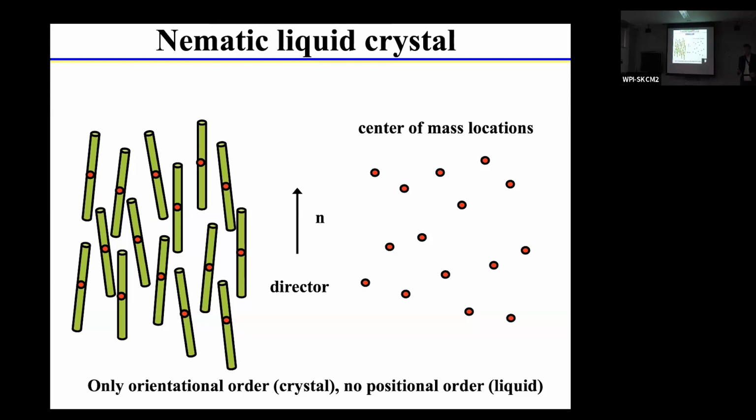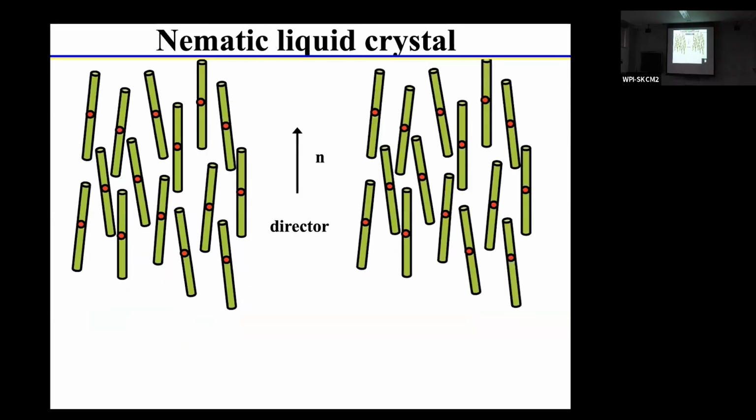Moreover, over time, these centers of mass move around and the fluid can flow, right? So they are not in their well-defined stationary positions as they would be in a crystalline solid, right?